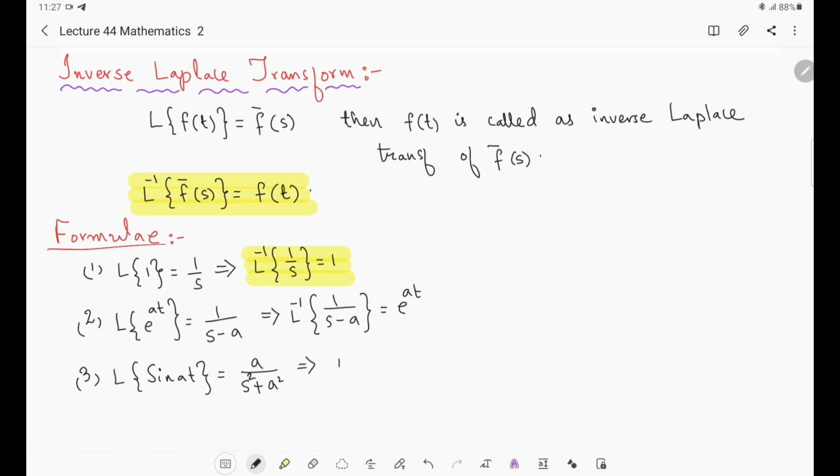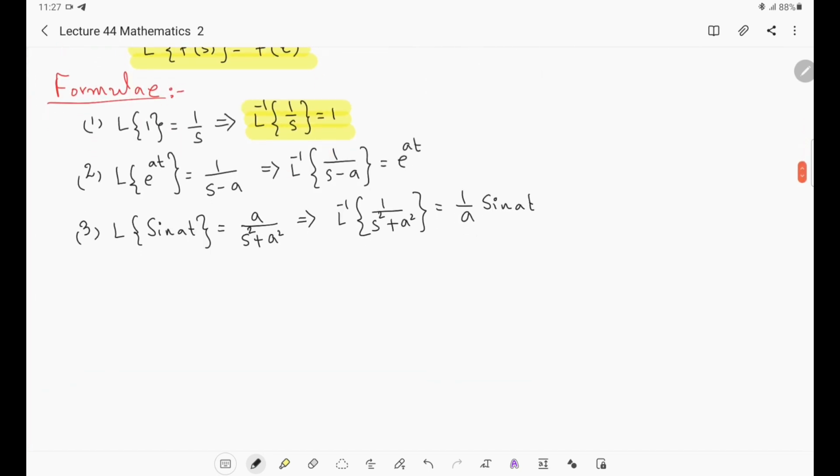Then if we take the inverse, inverse Laplace transform of 1 by s square plus a square is given by 1 by a sin at. See, this a I am taking to this side. A is a constant, so it is independent of Laplace transform. So we will get 1 by a sin at. Right, this is the third formula for inverse Laplace transform.